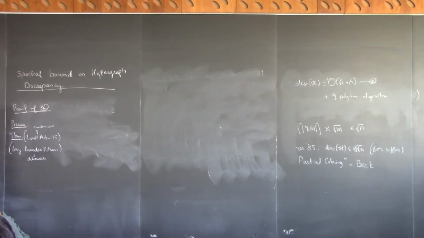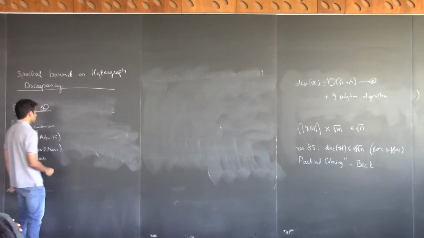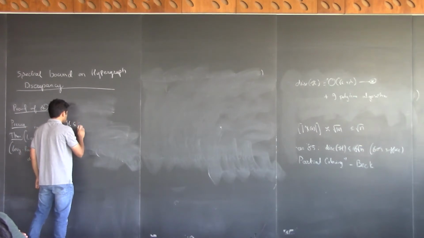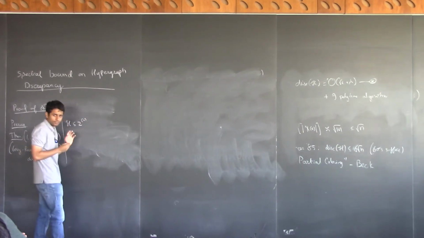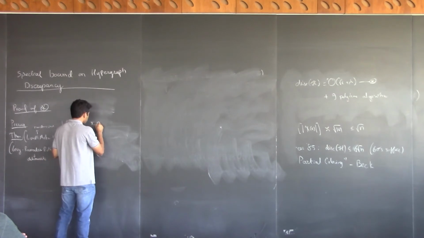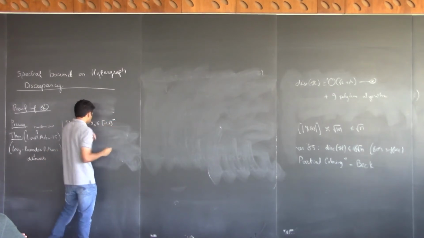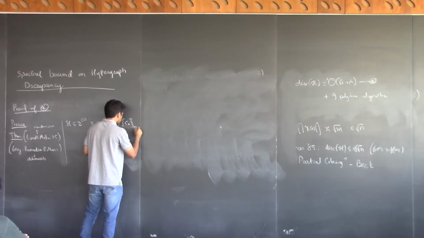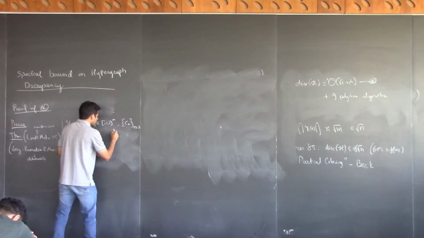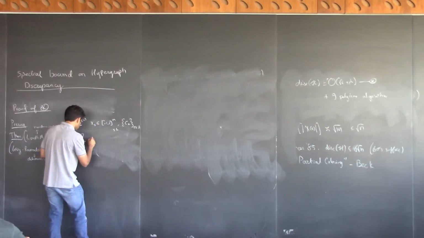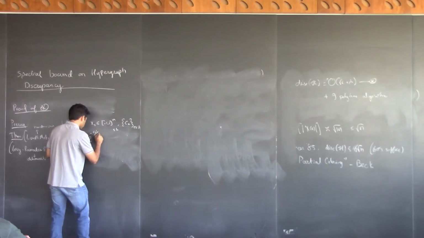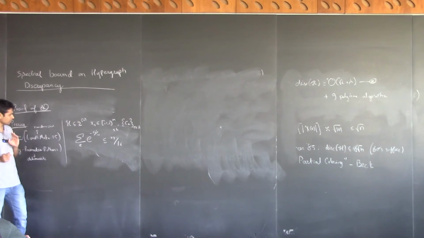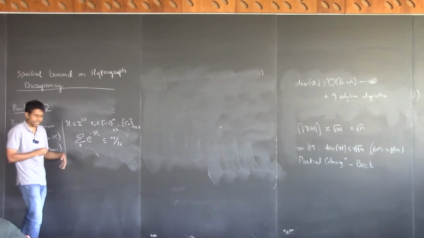Okay, I didn't even tell you the statement. It's okay. Let H be a hypergraph and x naught be a starting point, and let the c_i's be constants satisfying something.